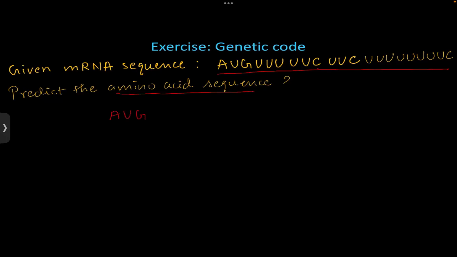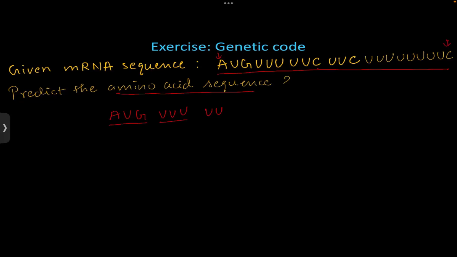AUG. First, you have to break down the entire sequence in combinations of 3 bases at a time. This is one combination, UUU. This is another combination. So I am basically starting from A onwards, because wherever AUG is there, from there onwards synthesis of protein will begin, or the addition of amino acids will begin, wherever the initiator codon is there. So we have to also read from AUG only. We cannot read from this end.